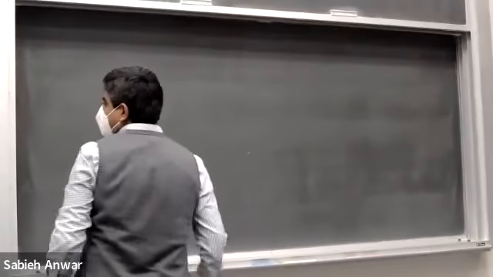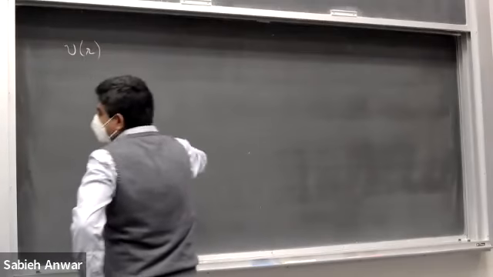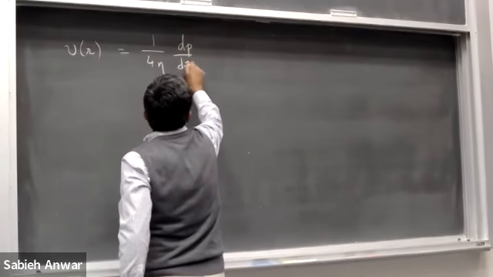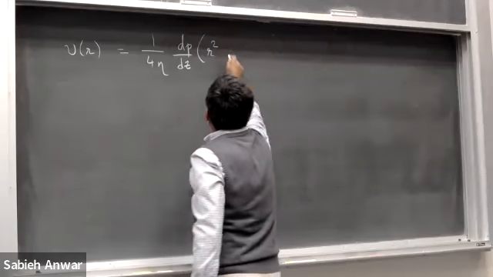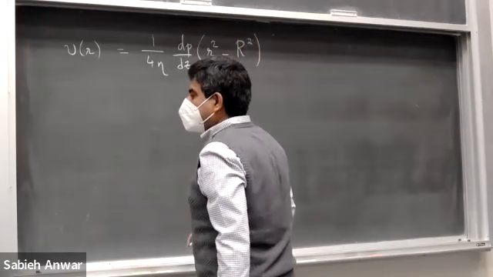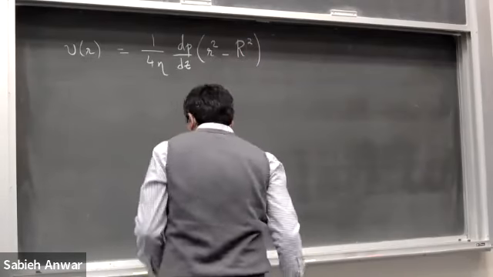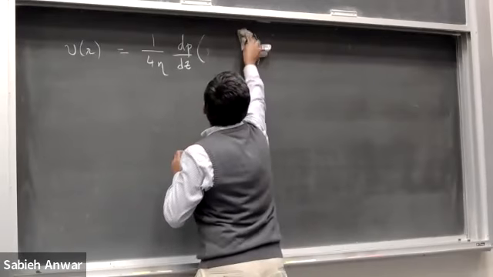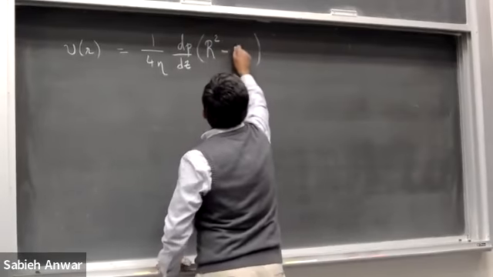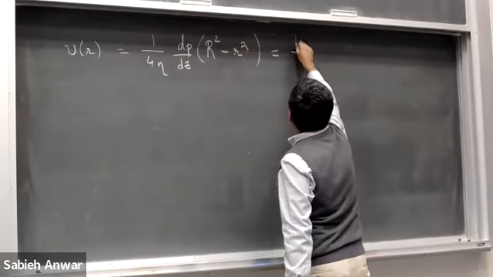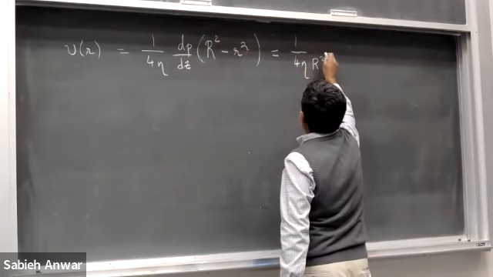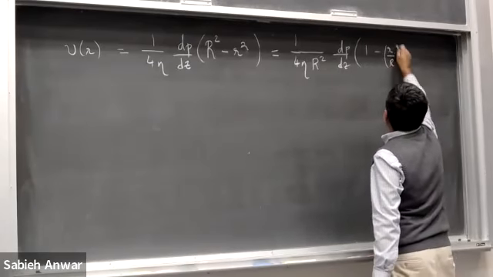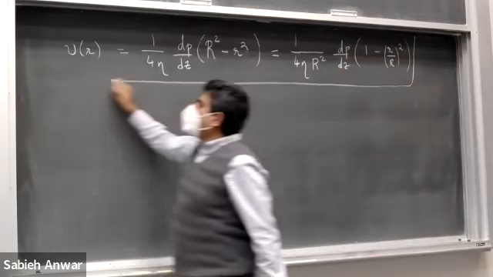With this boundary condition in place, my velocity profile will look like 1 over 4 eta dp by dz, capital R square minus small r square. This is my velocity profile.